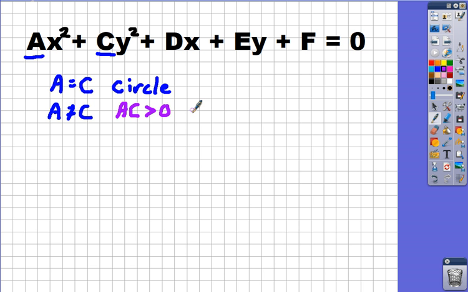If they're both the same sign, that's an ellipse. If, on the other hand, A times C is less than 0, that means it's a negative number, which means one of these was negative and one of them was positive. They're opposite signs. That's how you get that negative in the hyperbola equation.